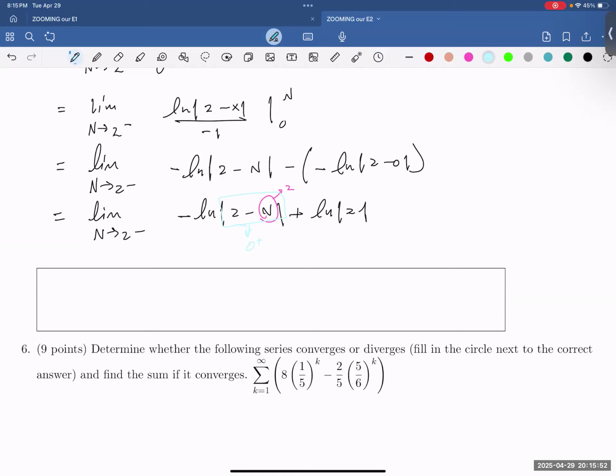Well, I guess it wouldn't matter because you have absolute value bars. If you approach 2 from the left, then pretend this n is like 1.98, then 2 minus 1.98, that's positive. We're approaching 0 from positive values.